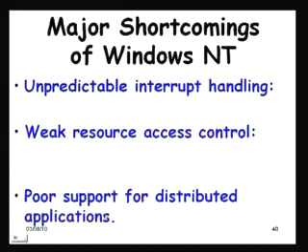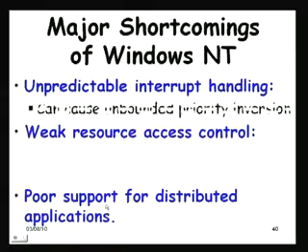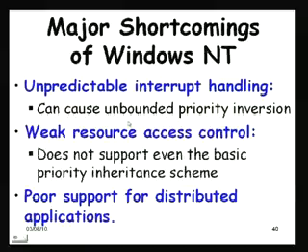Poor support for distributed applications. And the unpredictable interrupt handling, we had seen that it can cause unbounded priority inversions, and weak resource access control does not support even the basic inheritance scheme. So, real time resource sharing is not supported.